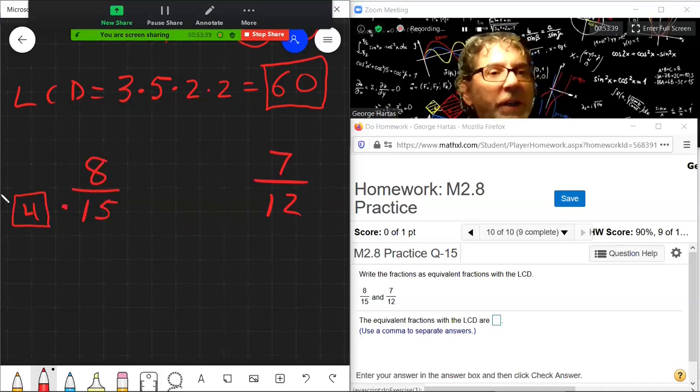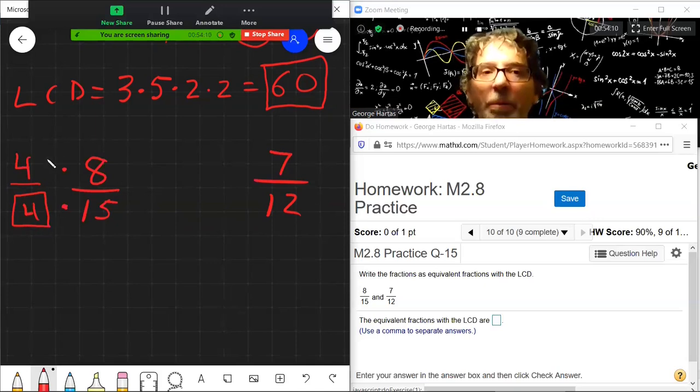Now, can we leave this just like this? No, we cannot leave it like that because the way it is now, we just messed up the ratio if we left it like this. What we do to the bottom of the fraction, we have to do to the top to keep the same ratio. Notice that 4 over 4 is 1. So we're multiplying by a fancy version of 1.